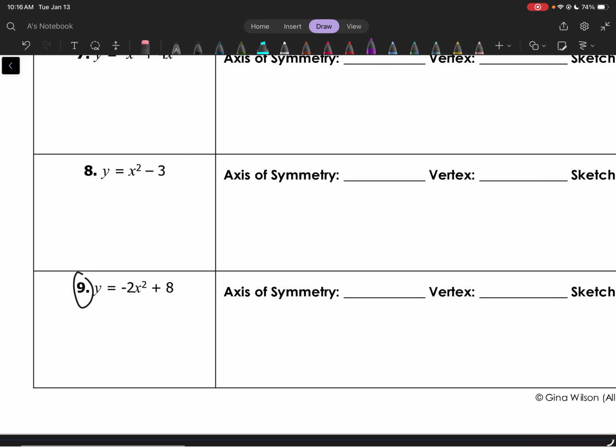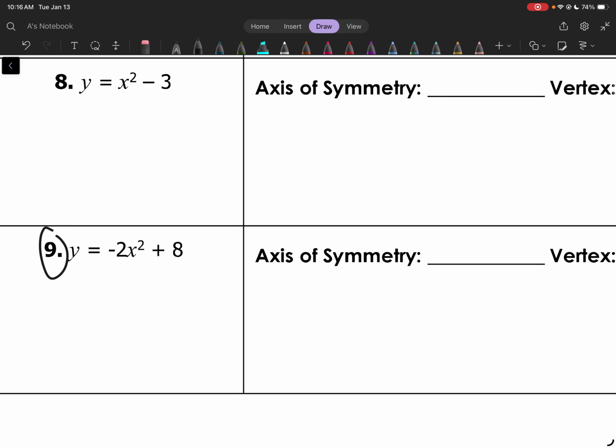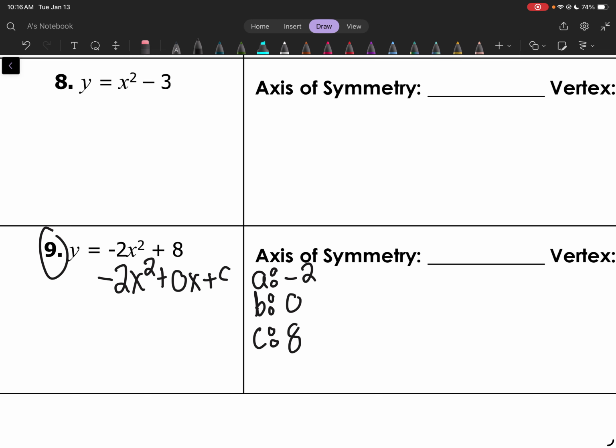Now I want to do number 9 because I'm lacking a b value. I'm not going to color coordinate this to save a little bit of time for you. Your a is -2, b is 0, c is 8. This is the same thing as having -2x squared plus 0x plus 8. b is 0.